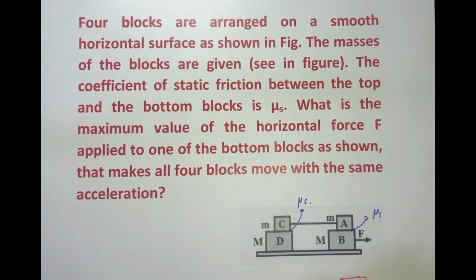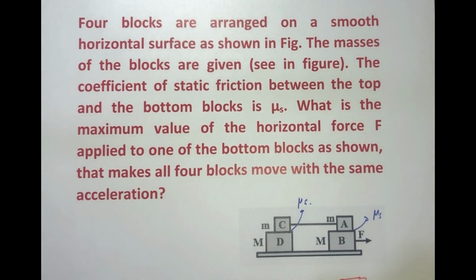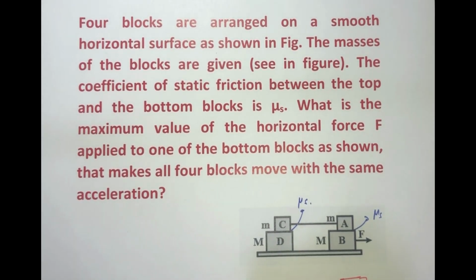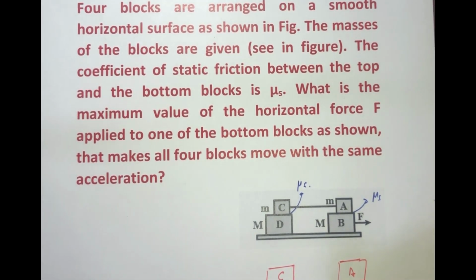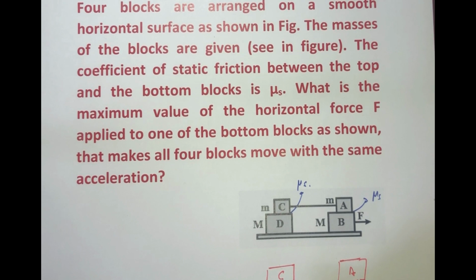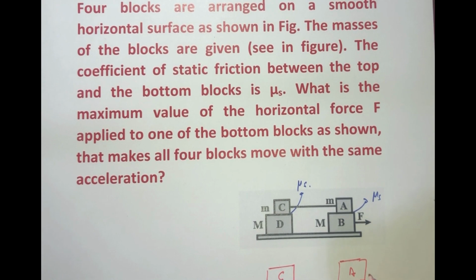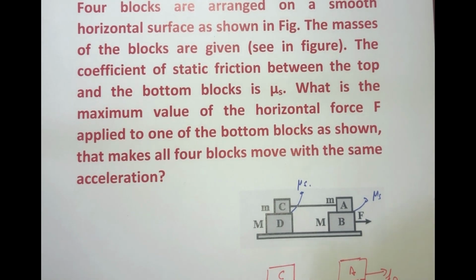Block A, block B, C, and D. So the external force F is being applied on the block B. Now this block B will try to move block A with a force, let us call it Fr, which is nothing but the friction, and an equal and opposite force Fr will be acting on the B block.